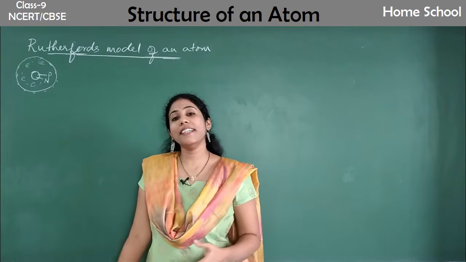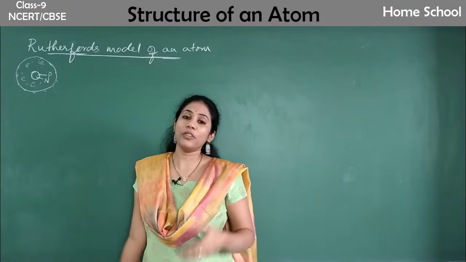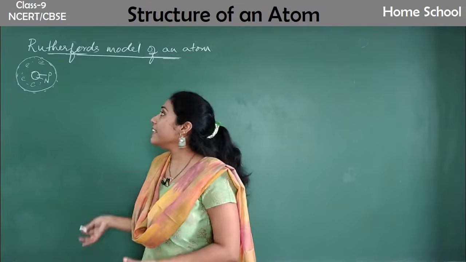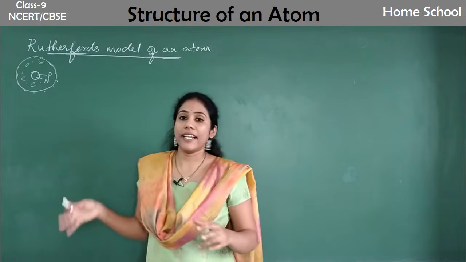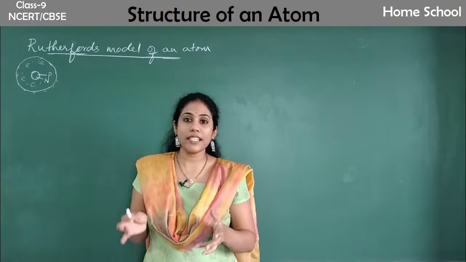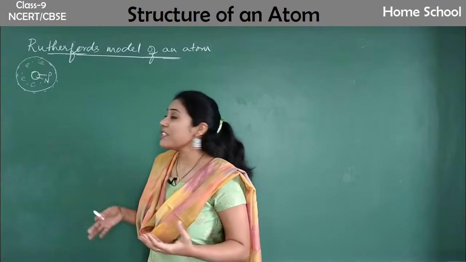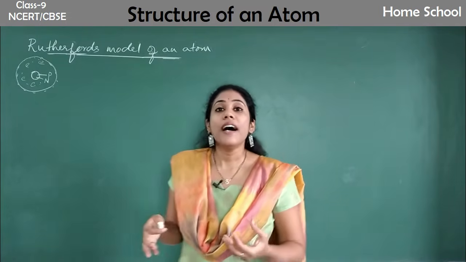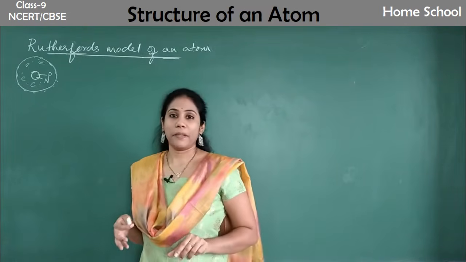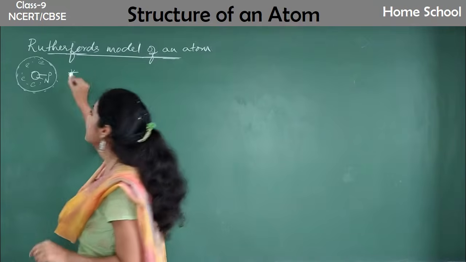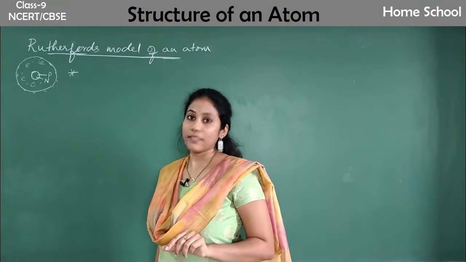And how did he get this idea? How did he say that centrally there is something called a nucleus and electrons are around the nucleus? He said this based on the experiment called the alpha ray scattering experiment. We are going to learn that experiment in this class. Clear?